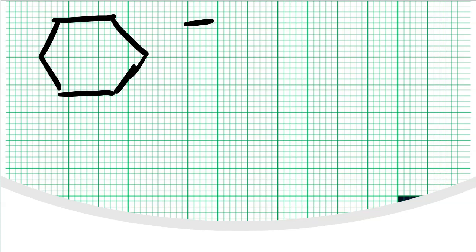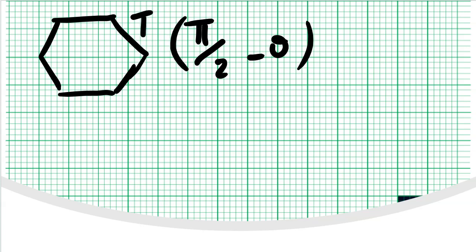Now, with the exception of 90 degrees and the tangent, we can think about the reciprocal, like I just talked about. What does that mean? That means in this hexagon, we already know that tangent of pi over 2 minus theta equals cotangent of theta.